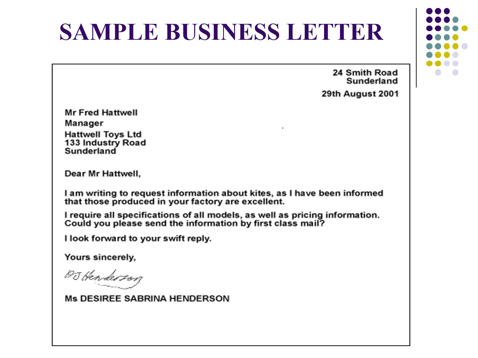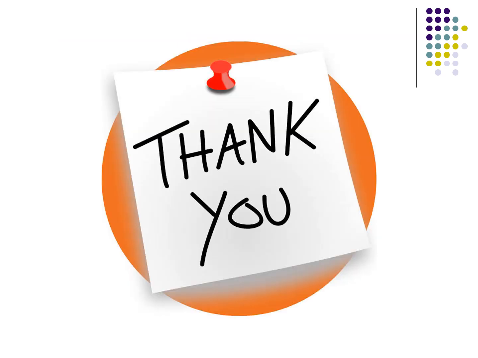So that is the close of the letter, the signature of the letter. And because from the signature you cannot understand who has written it, they've also mentioned the name of the person who has signed the letter. So this is how a business letter should look. This is a sample of the business letter.